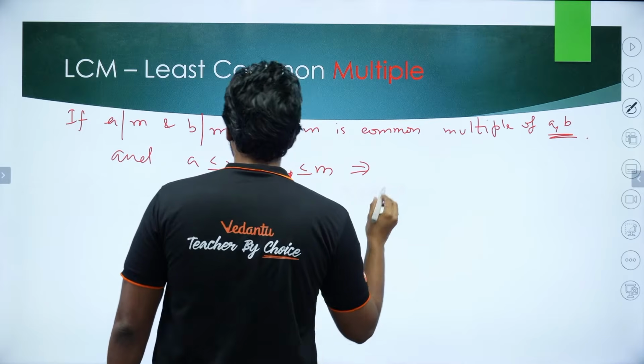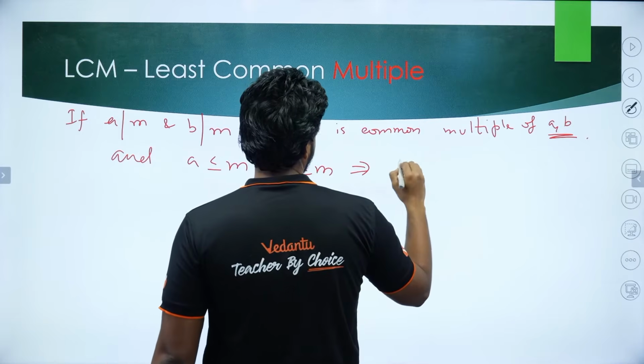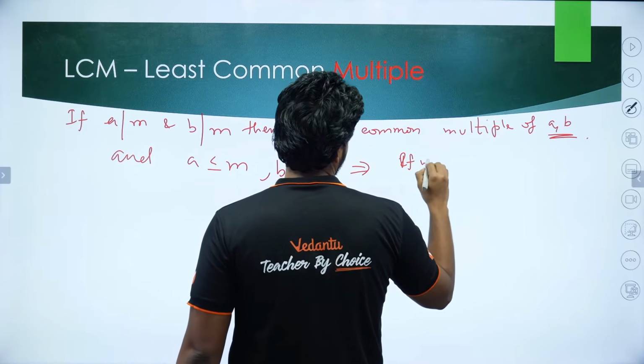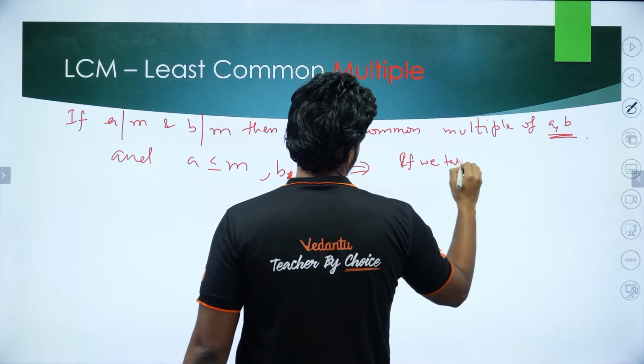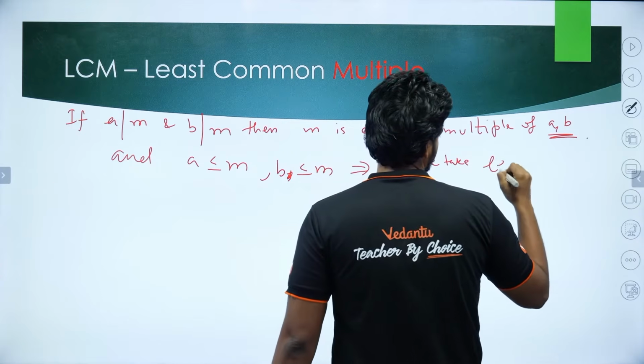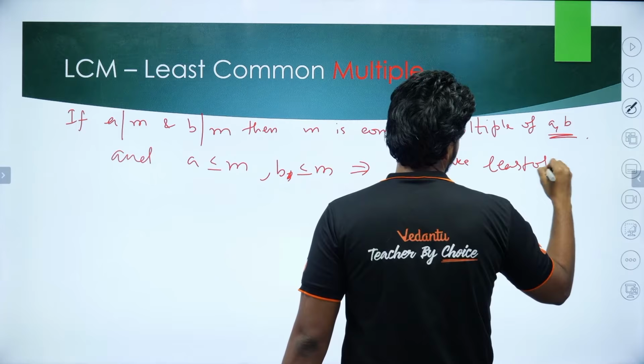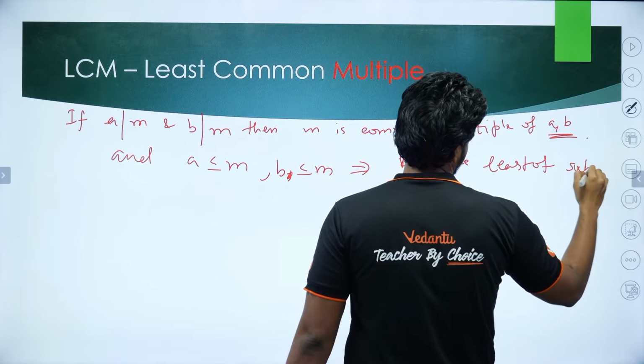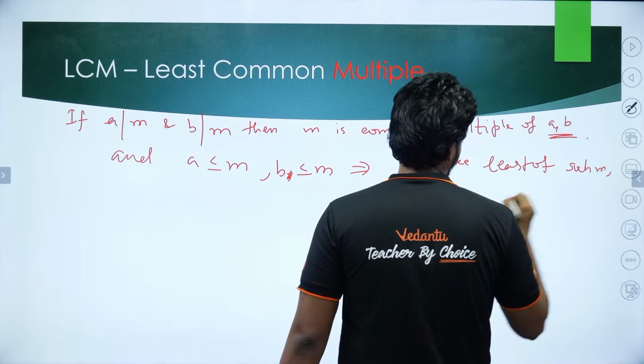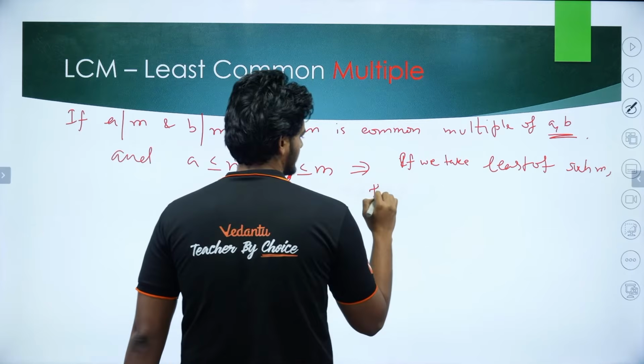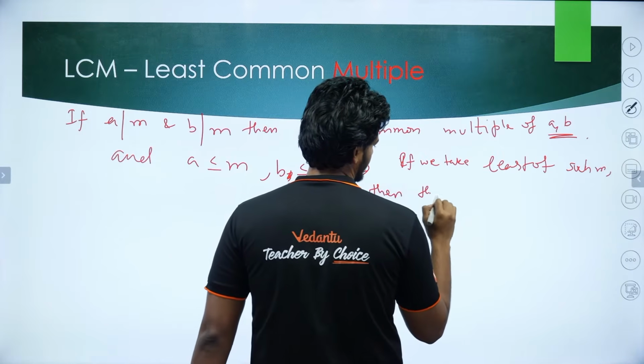That should imply that if we take the least of such M, then that will be unique.